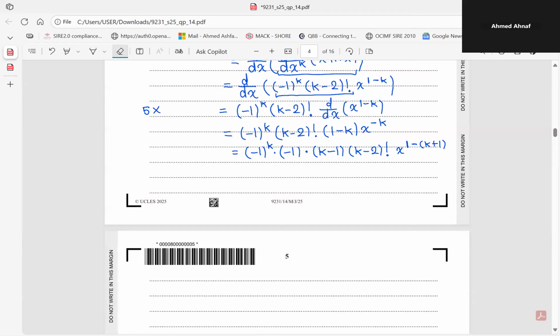Okay, so let's combine the minus ones first. Using our indices, this is (-1)^(k+1), and this is just (k-1)!, and this is just x to the power of 1 minus (k+1).